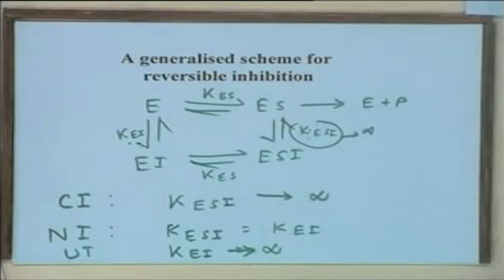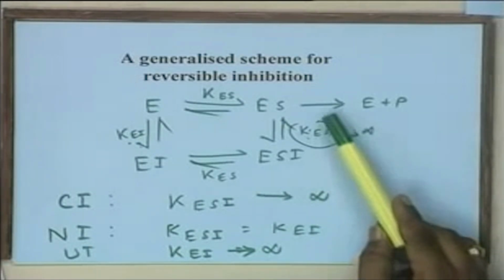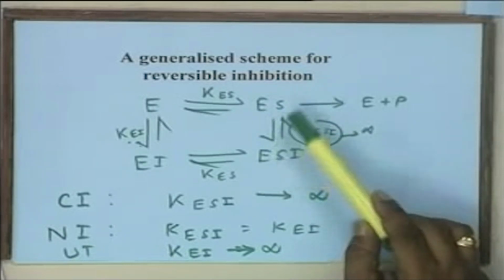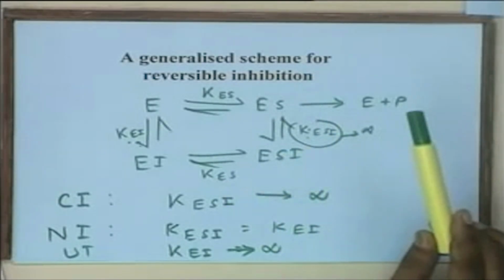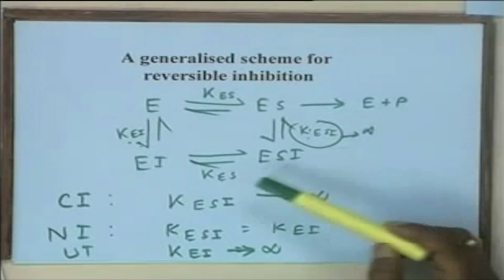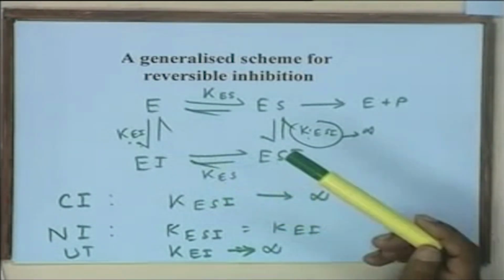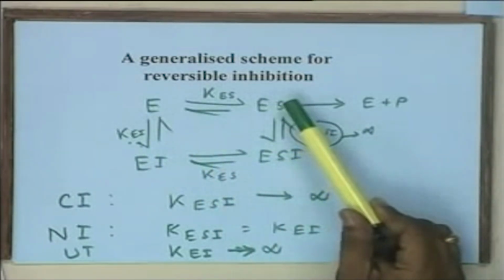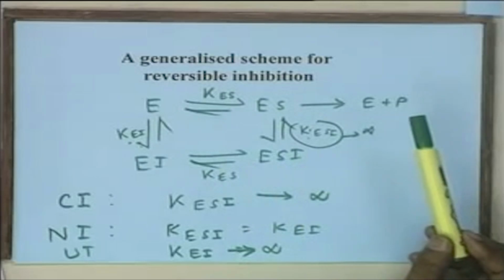Basically, the three cases are typical examples of three extreme situations of inhibitor binding. In the competitive inhibitor, the binding of the inhibitor to the ES complex is not feasible, and the dissociation constant is infinity. In the case of non-competitive inhibition, it can bind either to E or ES, and the dissociation constants are identical.